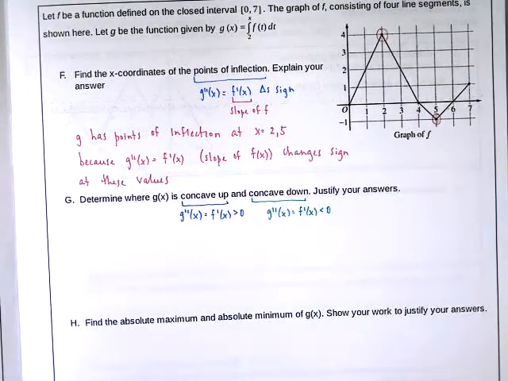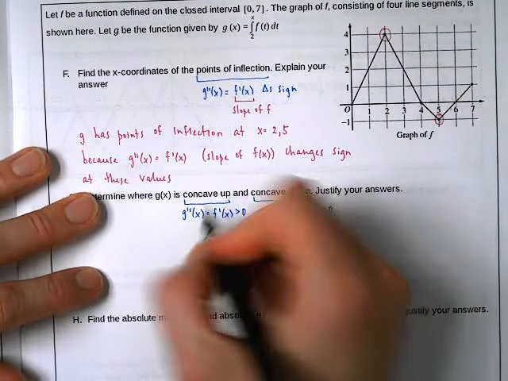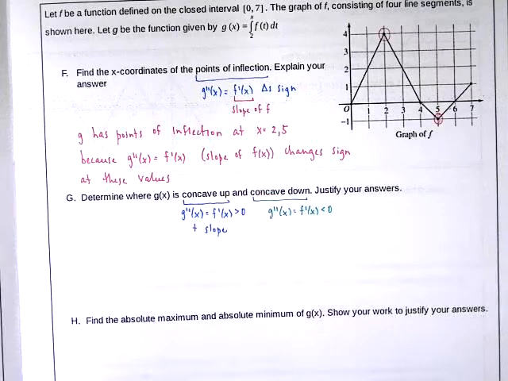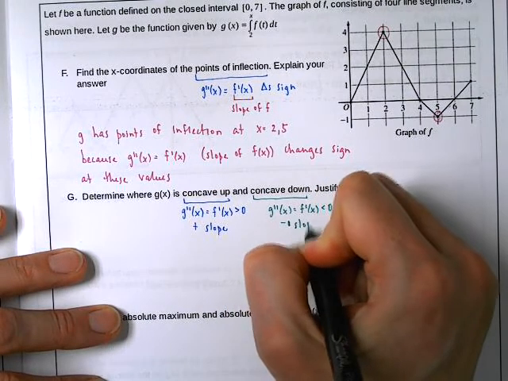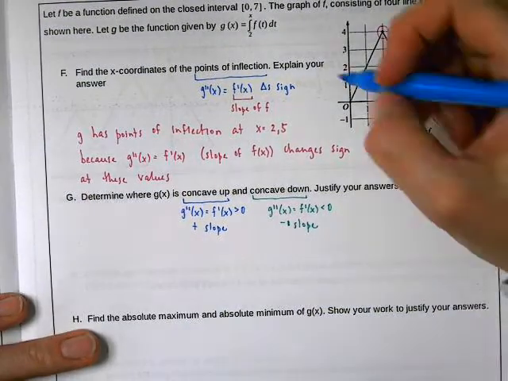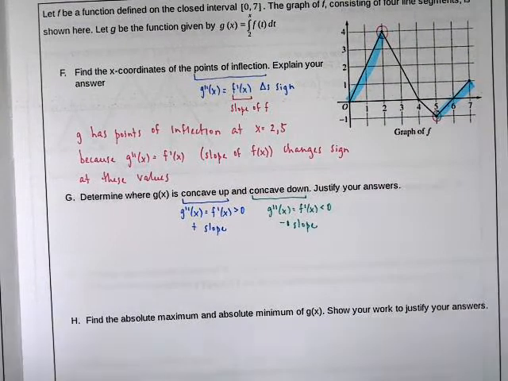Now again, because this is slope, f prime, here I'm looking for a positive slope for concave up, and here I'm looking for a negative slope. So if I look at my graph, I can see I have a positive slope here, and here.